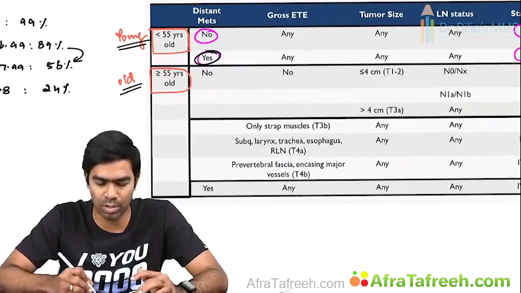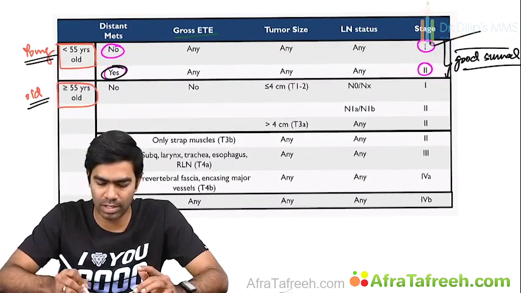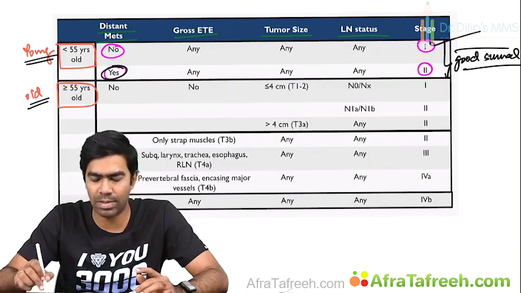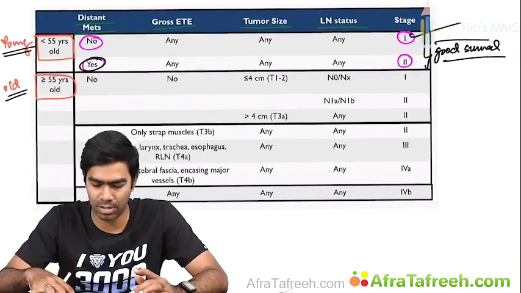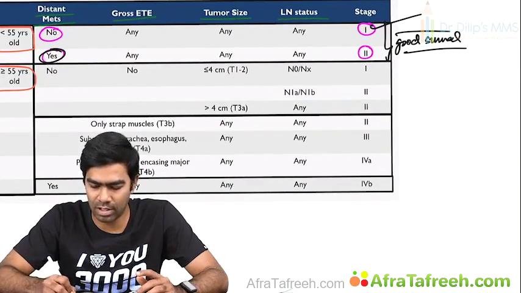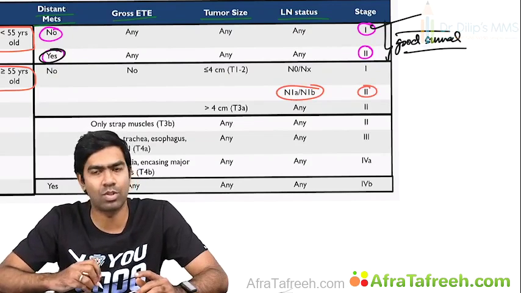But in older patients, more than 55 years of age, all these things come into play. The extrathyroidal extension, tumor size, lymph node status, then distant metastasis, everything is important in these patients. One important notable point is that nodal involvement will still be under stage 2 only.